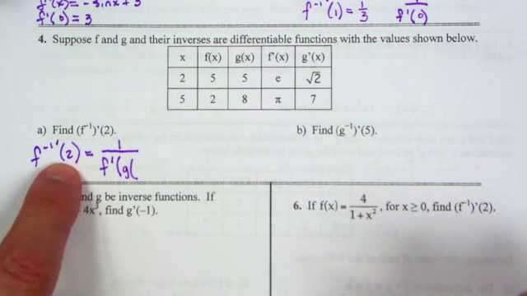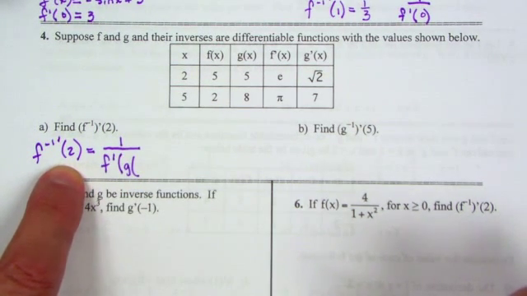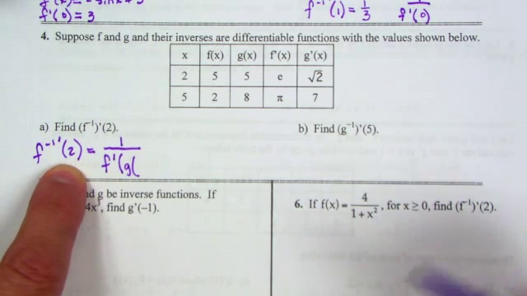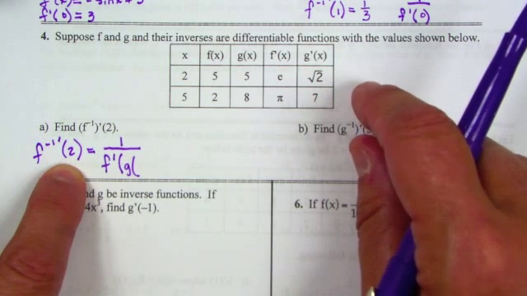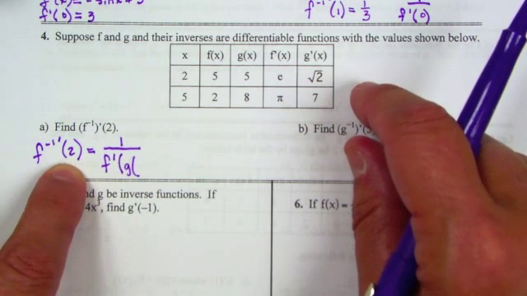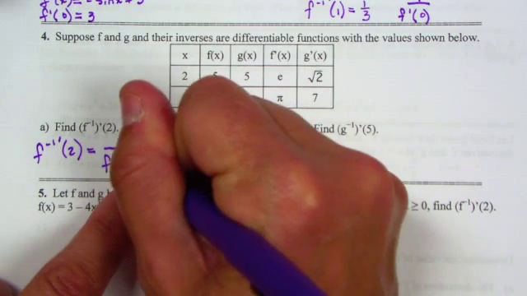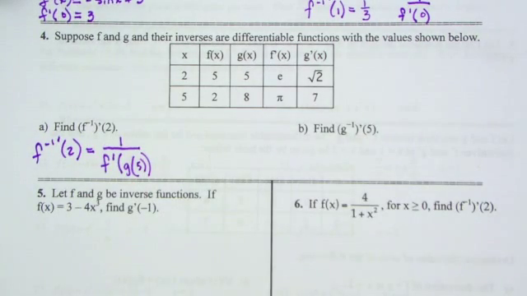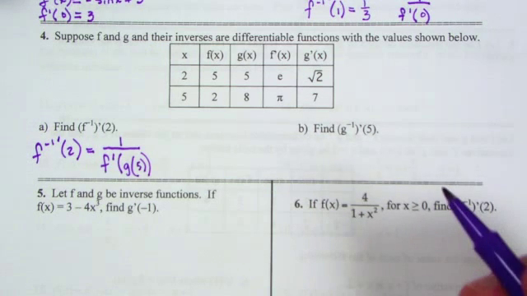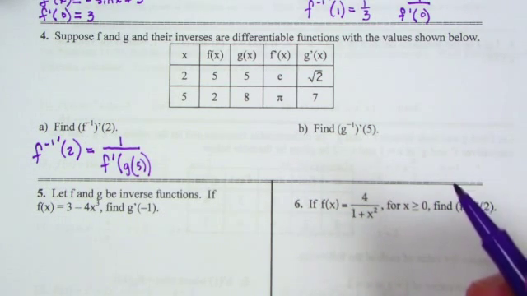If it's the x value in the inverse, it's the y value of the original, 5. So f prime of 5, right? Of g of 5? 2. This is not on the quiz tomorrow. Hang on, though, I have something wrong.